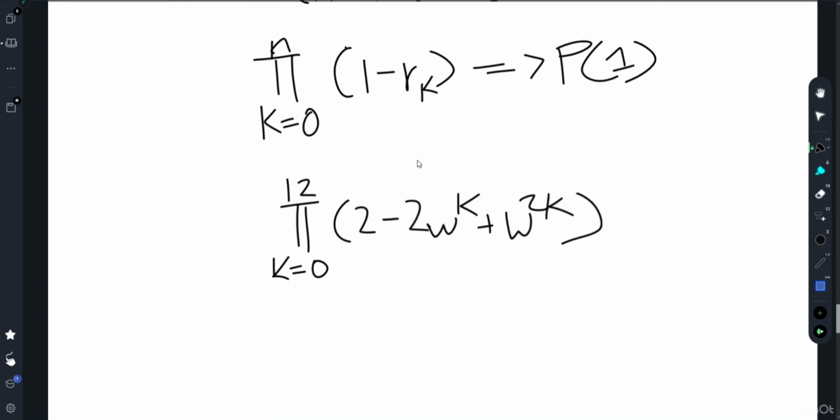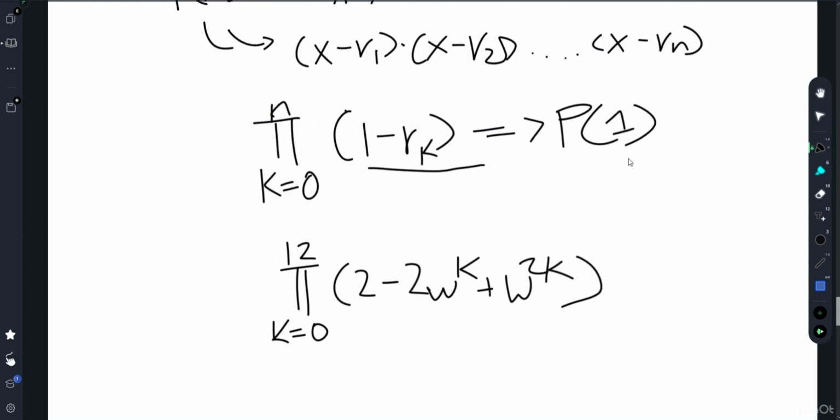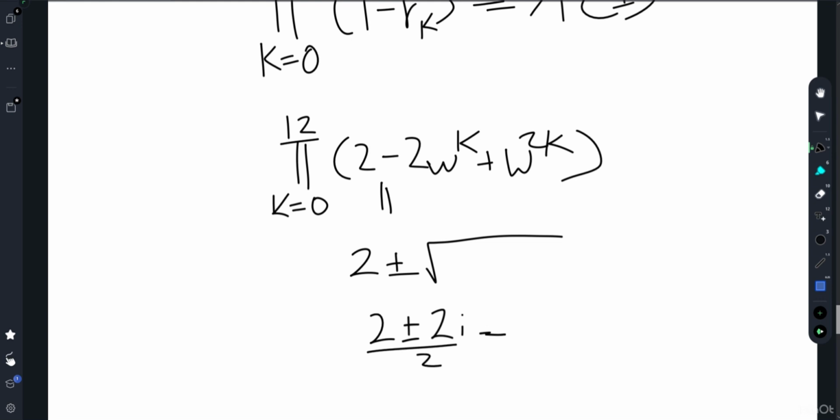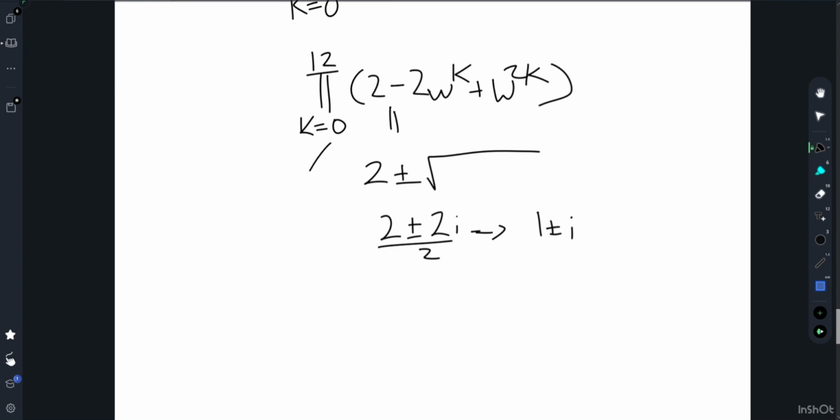And what we want to do is factor this into linear terms so we can use this polynomial trick. So through the quadratic formula, we get b squared minus 4ac, so negative 4. So we get 2 plus minus 2i over 2, or 1 plus minus i.